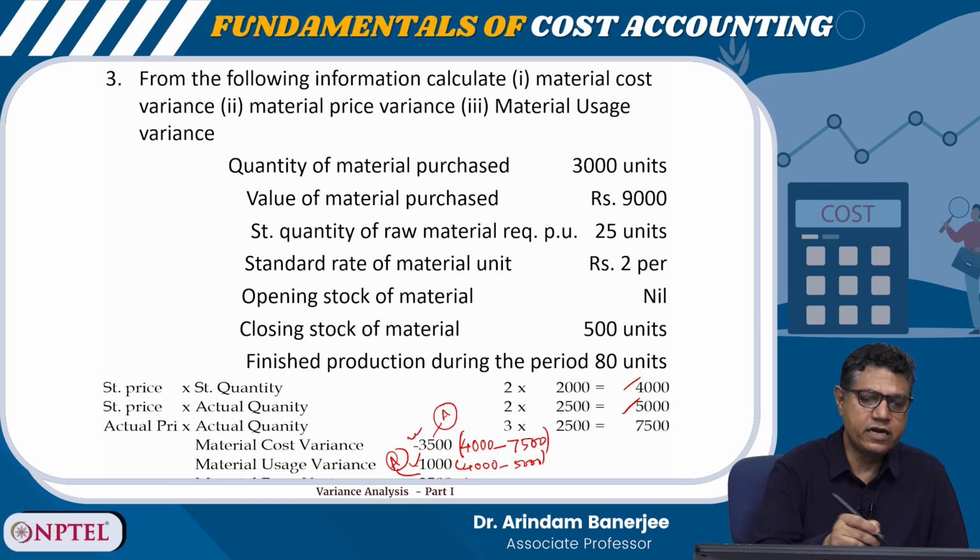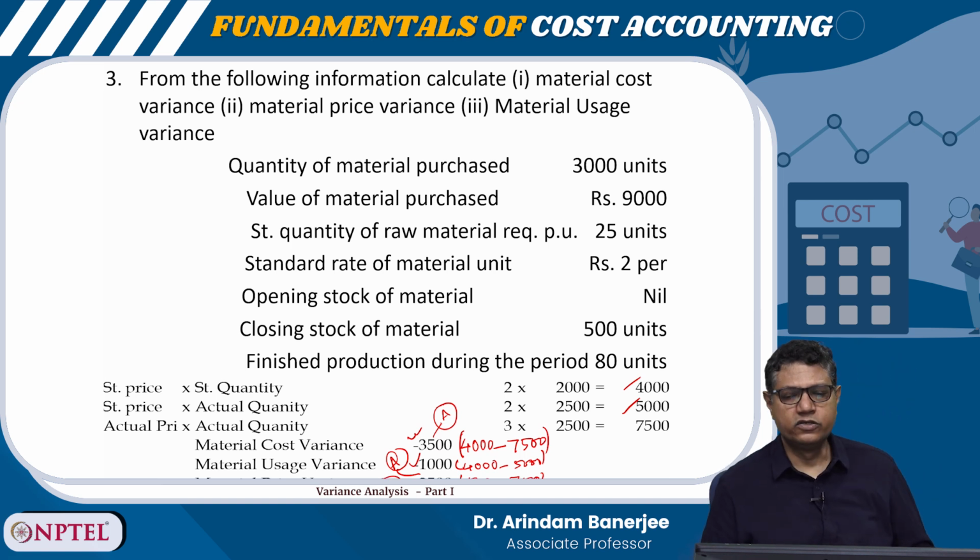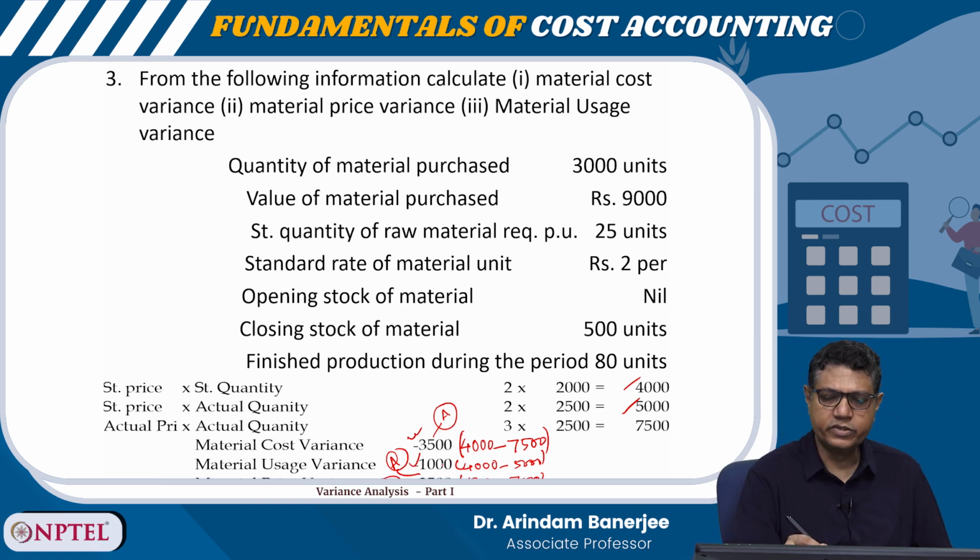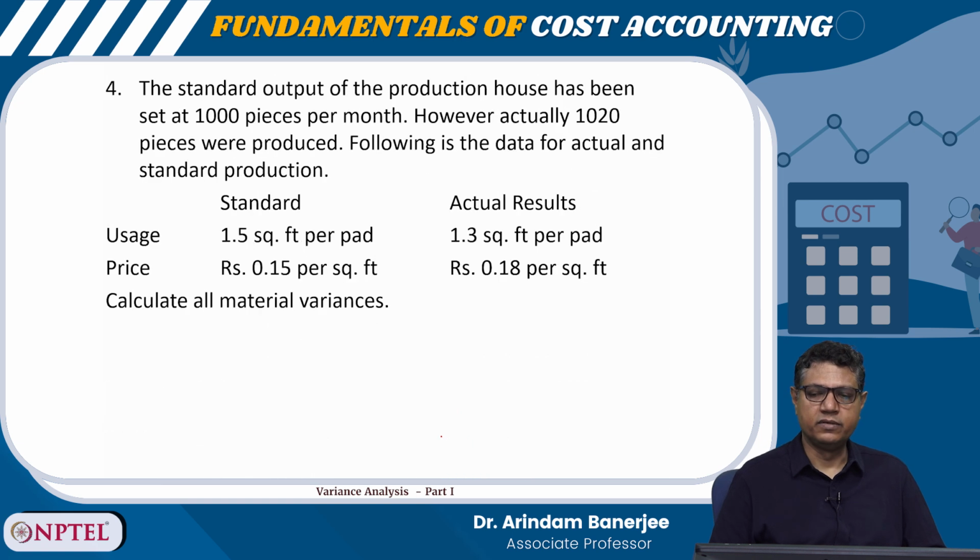So I can see here standard price into actual quantity minus actual price into actual quantity. So it is 5000 minus 7500, which is again 2500 adverse, right? So if I add these two, you see it is 3500 minus and 3500 here. So if I add these two, I am getting this number.